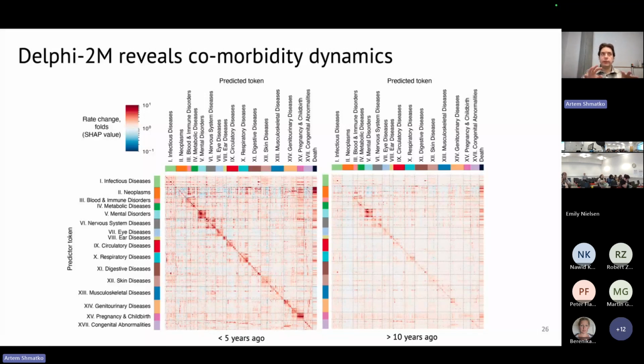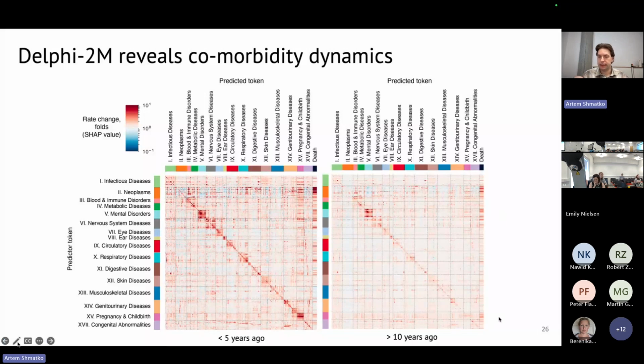But the plot that we looked at on the left was only the interconnection between the tokens that are no more than 5 years apart from each other. So we just filtered out those. But we can also filter it vice versa, so only analyze the connections between conditions that are more than 10 years apart, as shown on the right.